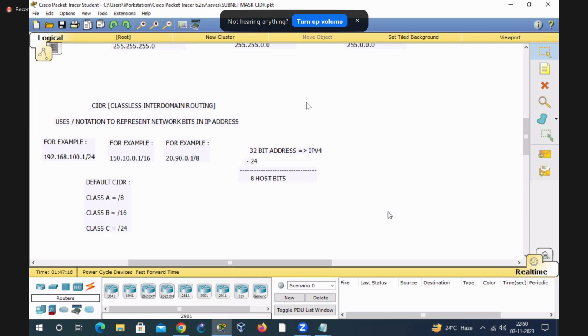Its range is 224.0.0.0 to 239.255.255.255. Then there is class E for research purposes, 240 to 255. Its full range is 240.0.0.0 to 255.255.255.255.